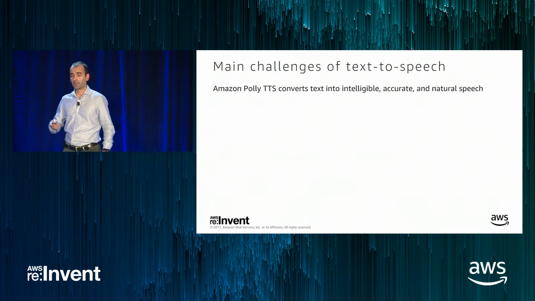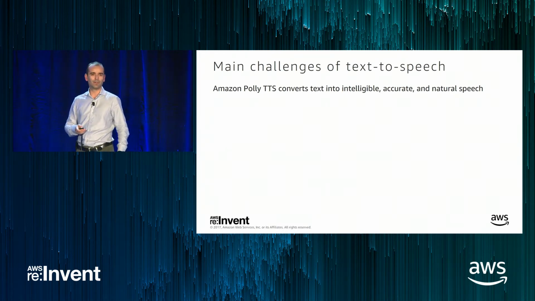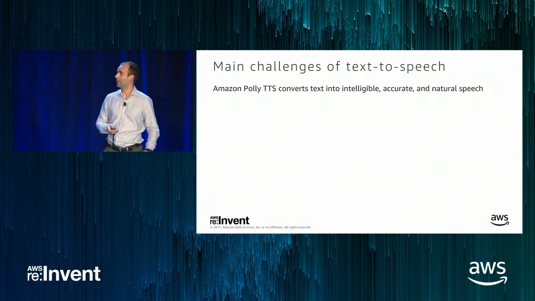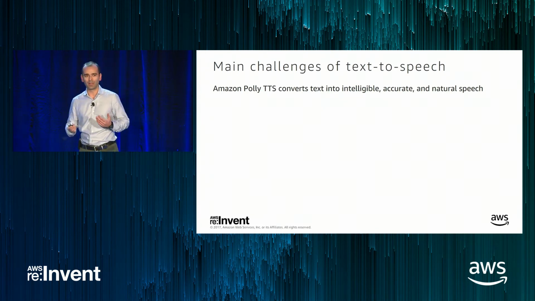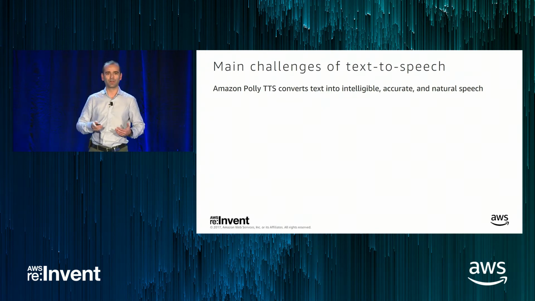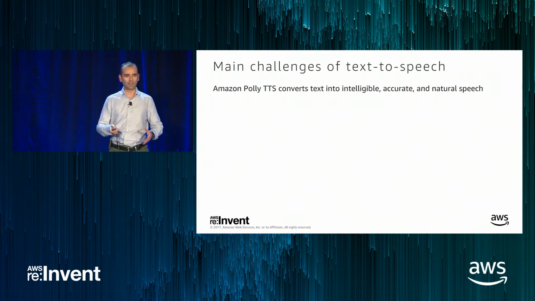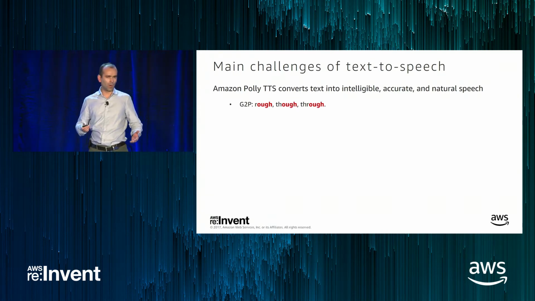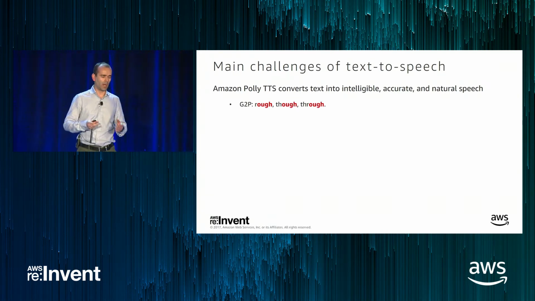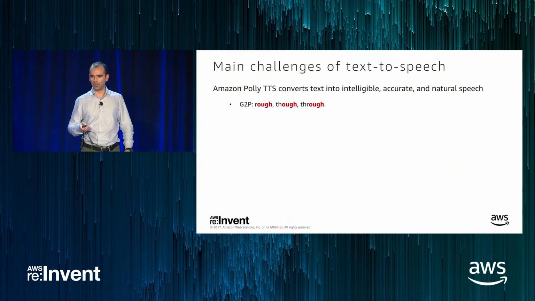As you've seen, I chose one of the most complicated input texts I was able to quickly find. There are many challenges a text-to-speech system needs to deal with in order to synthesize speech just like a human would. One of the challenges is the so-called G2P, which is short for grapheme to phoneme.